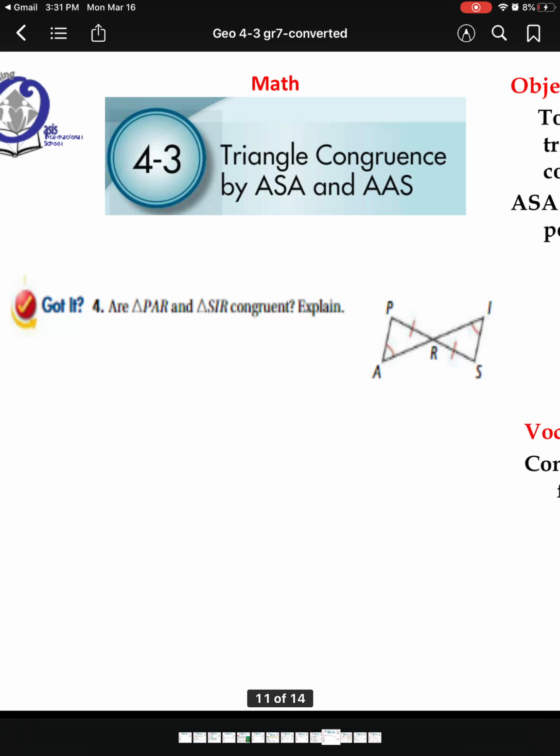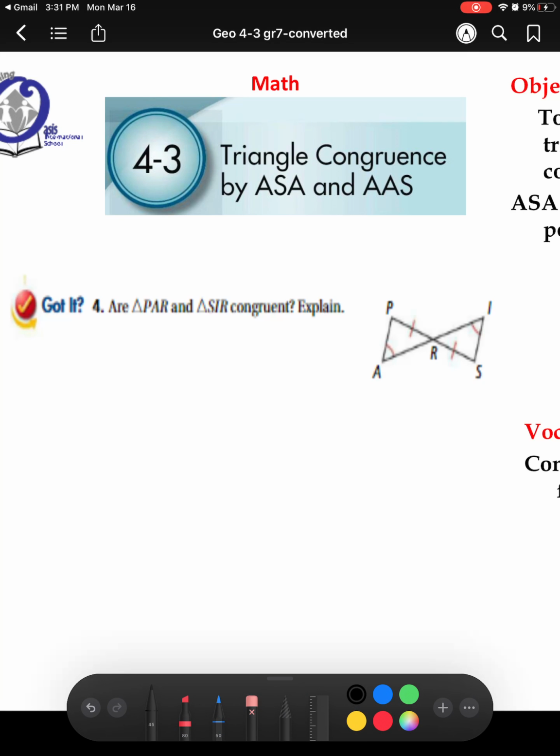Here we have two connected triangles, and those two triangles are marked. He didn't tell me any of them. Are PAR and SIR congruent? Let's see.